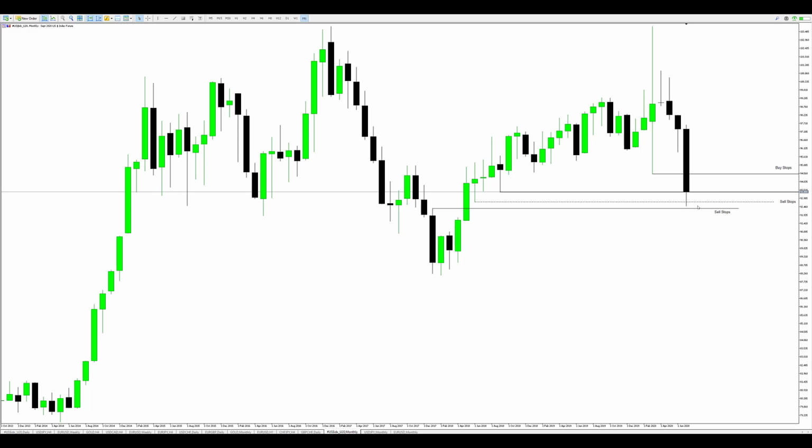So as it is, the sell stops below 92.30, which is this last down candle here. Of course, we've got another down candle here, but it doesn't close below.